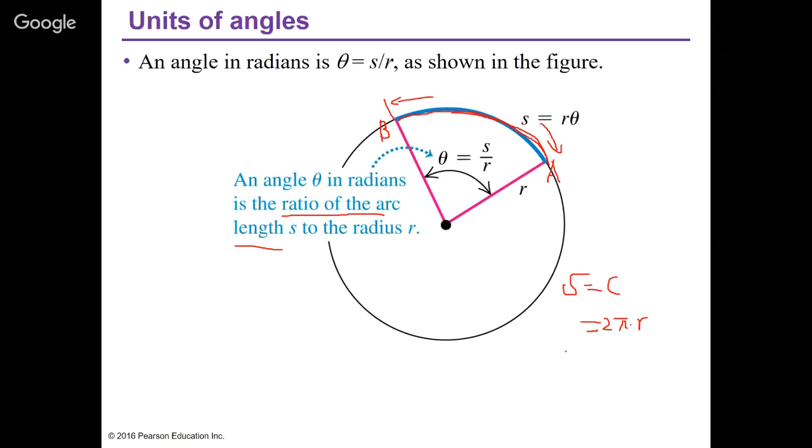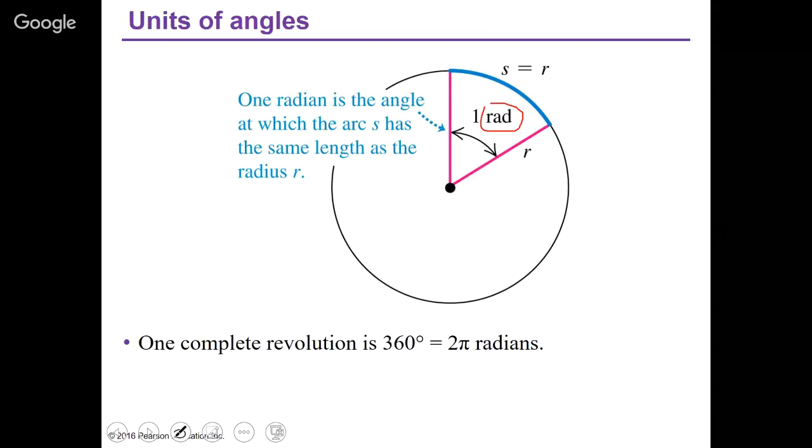In this case, the angle theta for a full revolution would be C, the whole circumference, divided by the radius. That is 2 pi r divided by the radius, which equals 2 pi. That's basically what we say here.